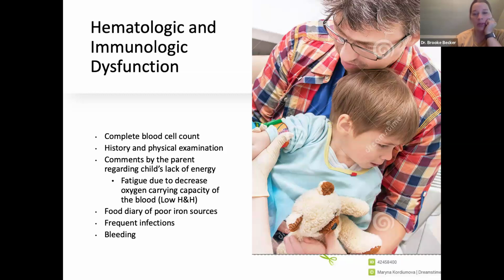That can contribute to declining their iron stores further and worsening their iron deficiency. Are they eating any green leafy vegetables or any red meats? Because they have immune dysfunction, they're going to be more prone to frequent infections. And if they have hematologic dysfunction, of course, they're more prone to bleeding.